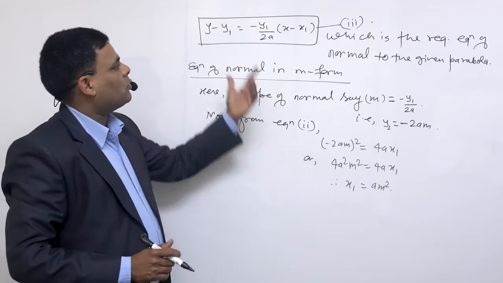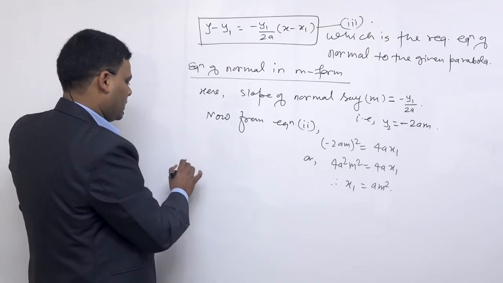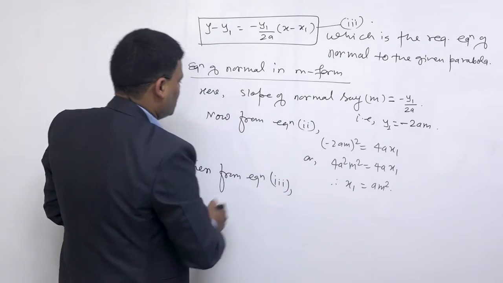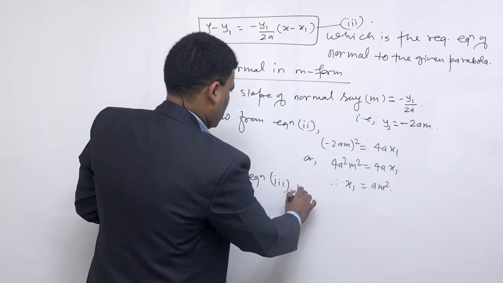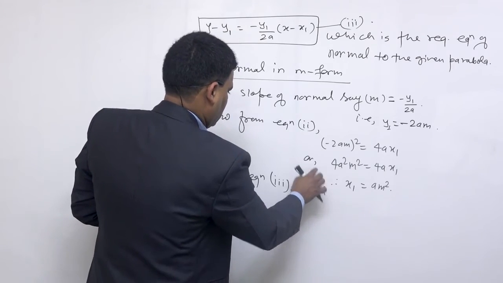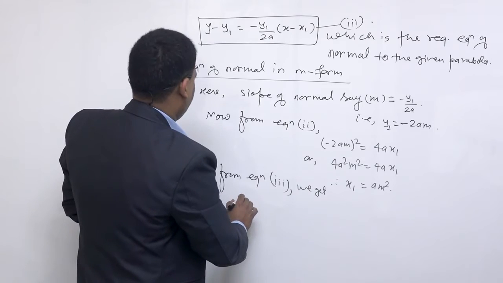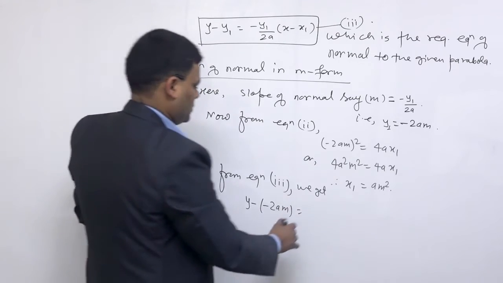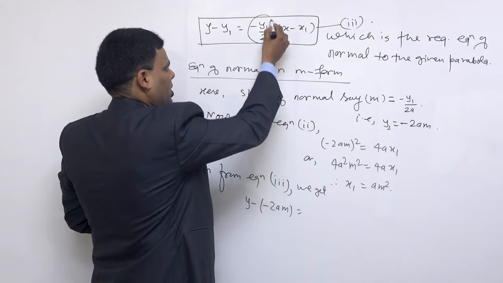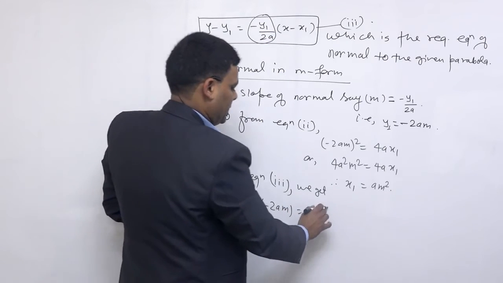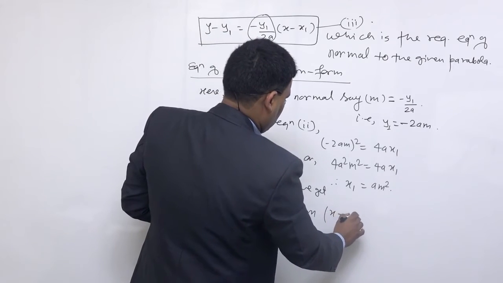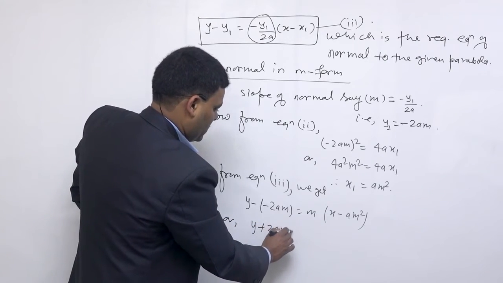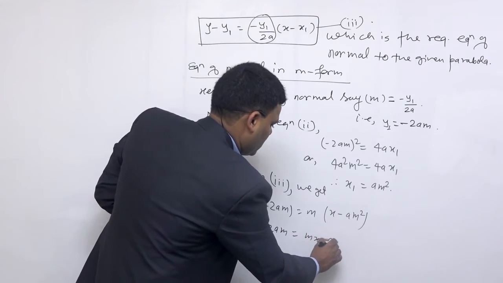Now substituting the values of x1 y1 in equation 3, then from equation 3 we get y plus 2am equals to minus y1 by 2a is the slope of normal, so we can write m, into x minus am square, or y plus 2am equals to mx minus am cube.